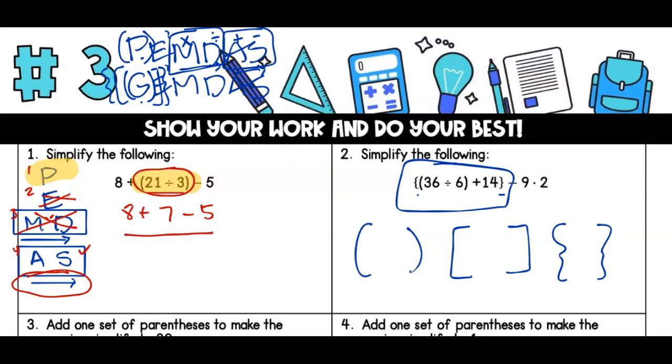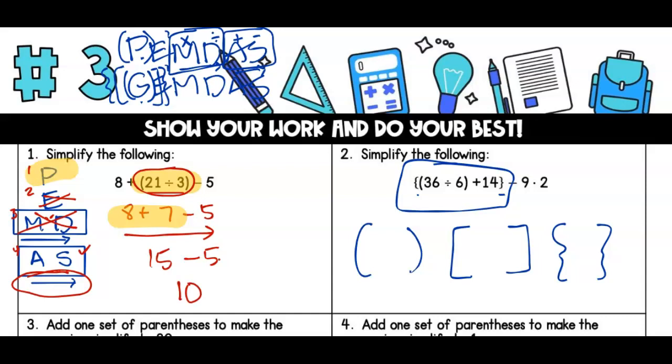So if we solve this from left to right, we have to do 8 plus 7 first. So what is 8 plus 7? Because remember, we're going from left to right. You're right, it's 15. And then we rewrite whatever is left over. 15 minus 5 is 10.